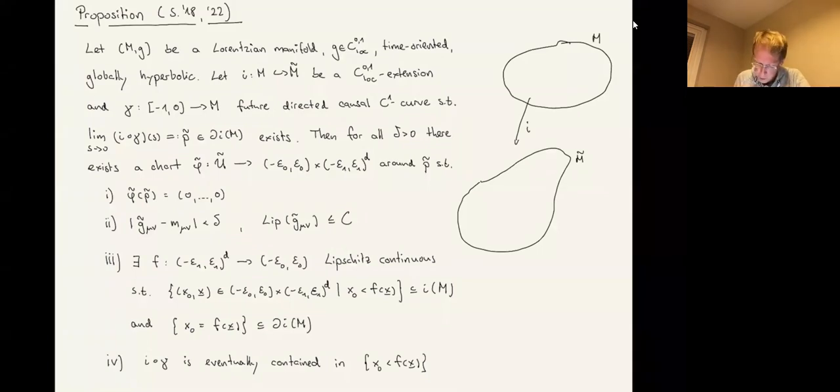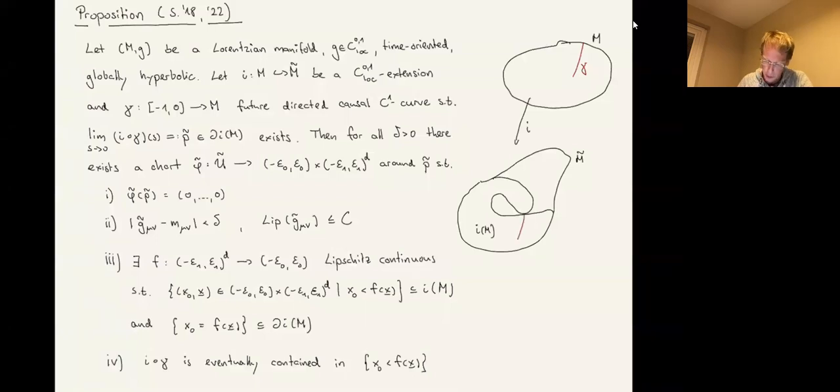And here, let's say the image of M and M tilde looks something like this. Then again, we have our anchoring curve gamma, and recall the example of the Misner spacetime. So if we want to have any local uniqueness statement, then we need an anchoring curve.